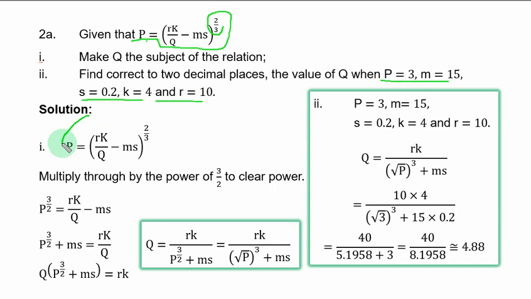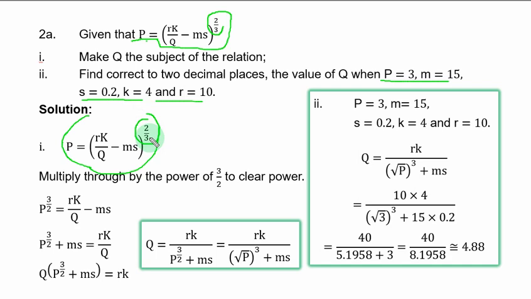You have the given relation. What it means is that the way P is standing alone, you should make Q stand in that position. First thing is to try and remove the power of 2 over 3. If you multiply 2 over 3 by 3 over 2, the power will disappear.